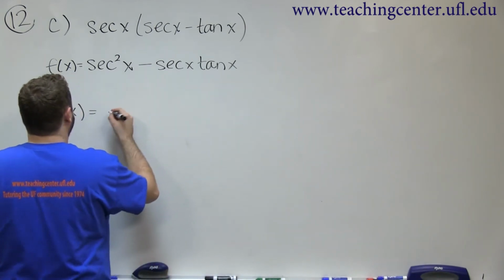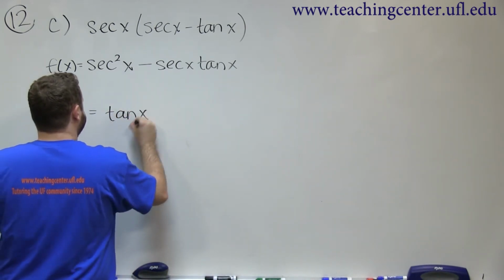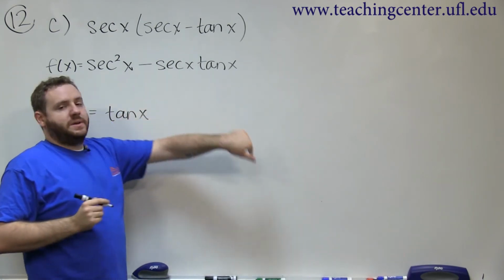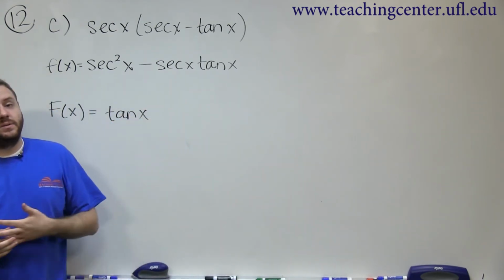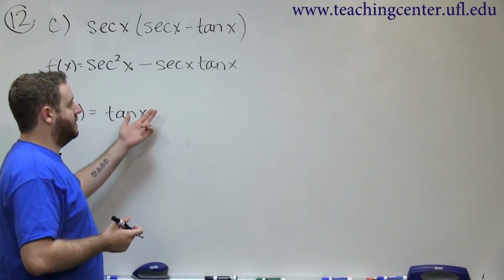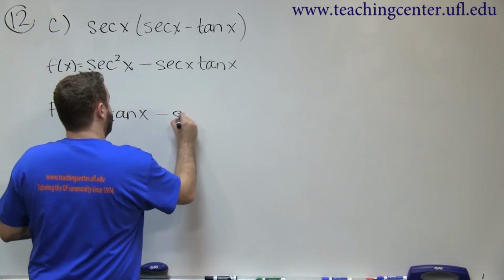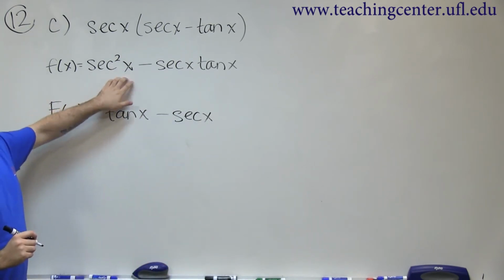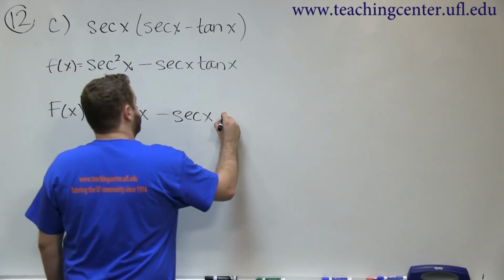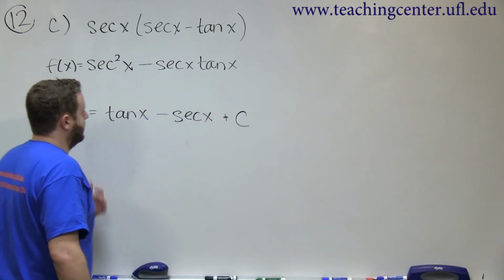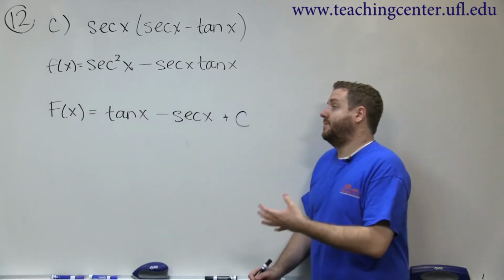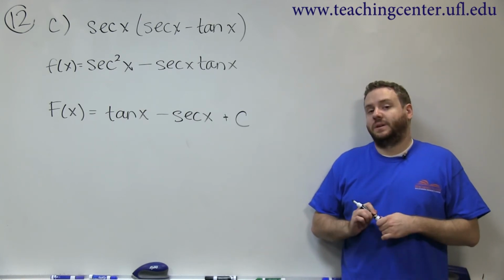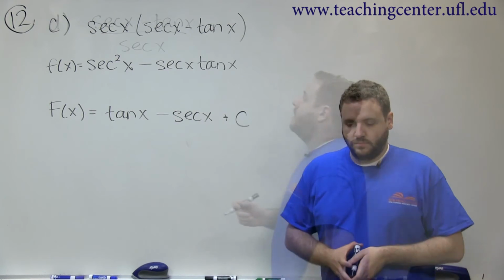So the antiderivative of secant squared would be tan. And what's derivative is secant tangent? That's the derivative of secant. So the antiderivative of secant tangent must be secant x. So if you went in reverse and derived this, you would get here, and that's what we need. Just remember that you always have to put on the plus c if you're doing indefinite or regular antiderivatives or an indefinite integral.